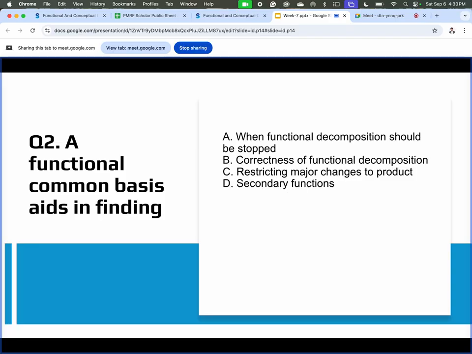What is the right answer? Please answer, and I will also provide the right answers.